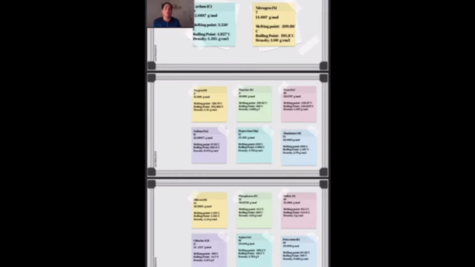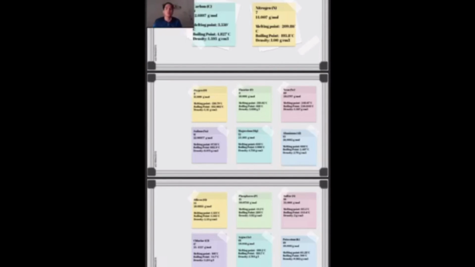Silicon, atomic number 14, atomic mass 28.0855 grams per mole, melting point 1,414 degrees Celsius, boiling point 3265 degrees Celsius, density 2.33 grams per cm3.